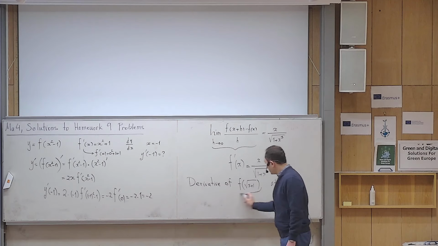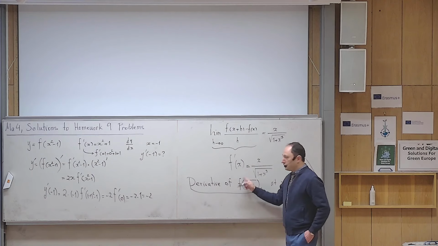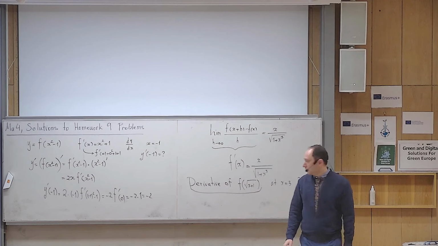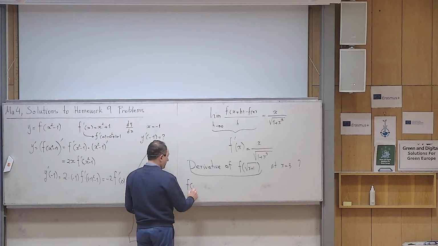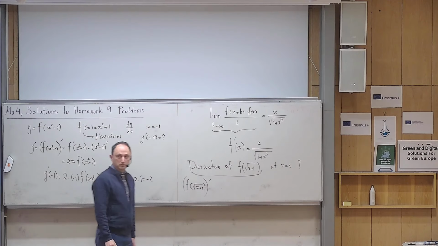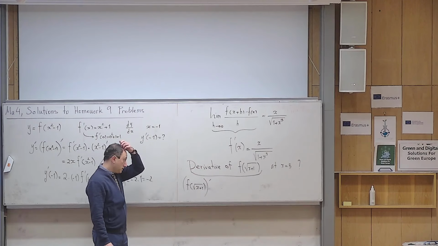But let us concentrate on this phrase. Derivative of this, does it mean f prime here or totally prime? Now you understand it is always totally prime. So this means that I have to calculate f of square root of x plus 1 totally prime. This is what they mean. And then I calculate the whole expression when x is equal to 3.